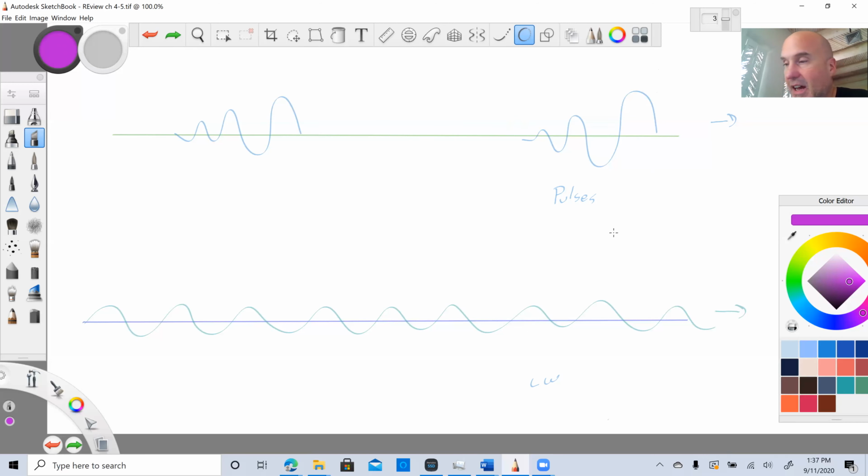Anyway, I digress. Pulse repetition frequency. Once again, pulse repetition period and pulse repetition frequency are what? Reciprocals, right? They are perfect reciprocals. So pulse repetition frequency is equal to 1 over pulse repetition period.